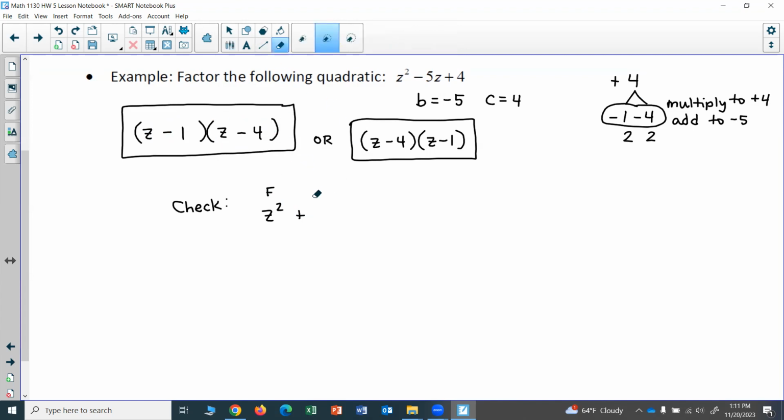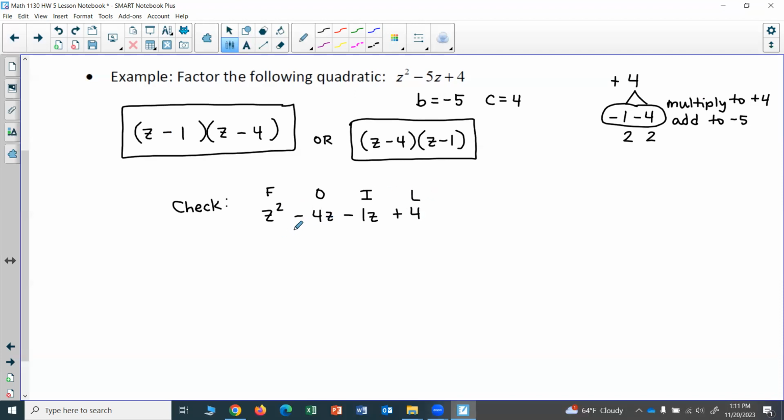So I'm actually going to write that as -4z. So there's my outside terms. My inside terms would be -1 times z, so -1z. Those are my inside terms. And my last terms are -1 times -4, which gives me a +4.